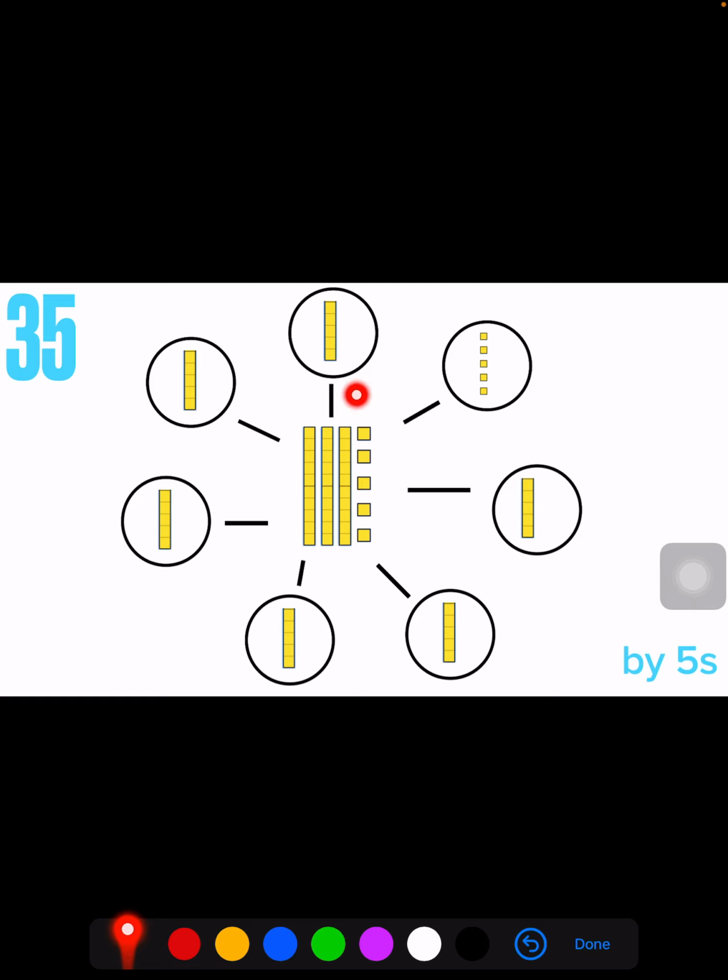I took this one amount of 35 and I broke it into smaller pieces. I took 5 away each time, and I ended up with 7 groups of 5. We can decompose numbers into smaller pieces.